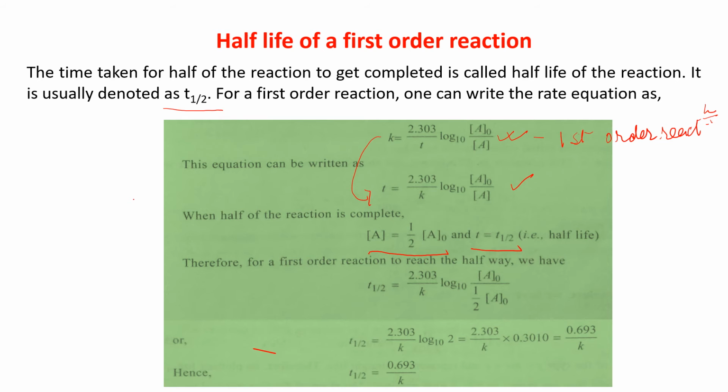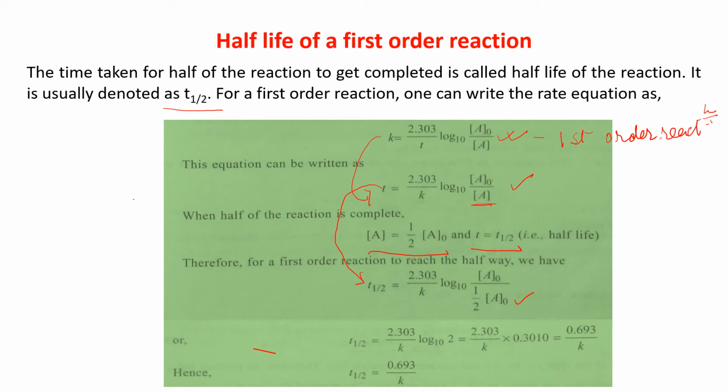So now this equation can be written as: T half is equal to 2.303 by K log 10 A naught, and in place of A, it will be half A naught.